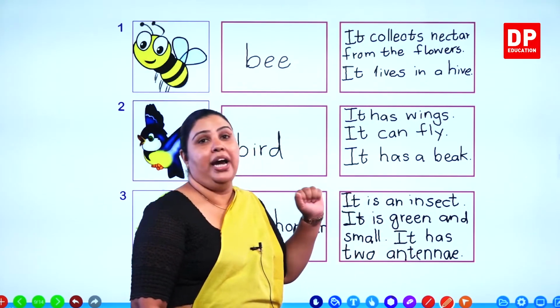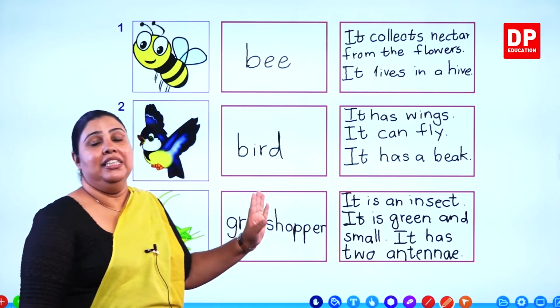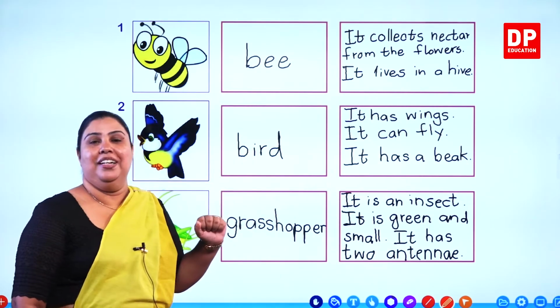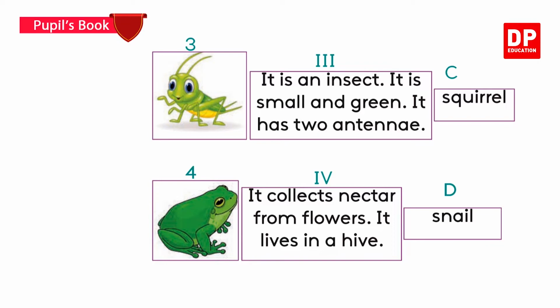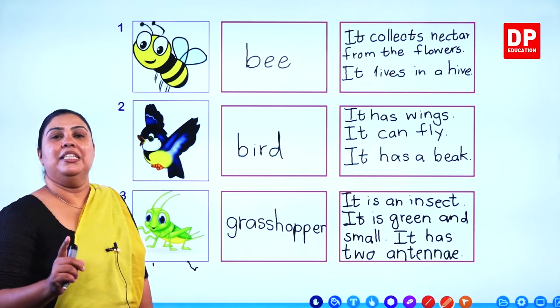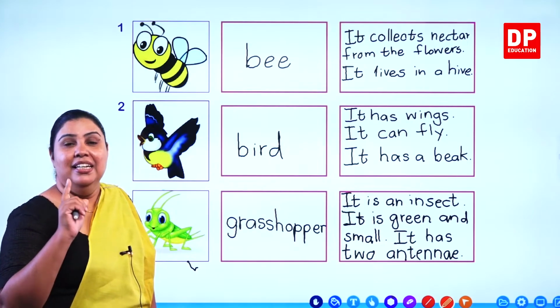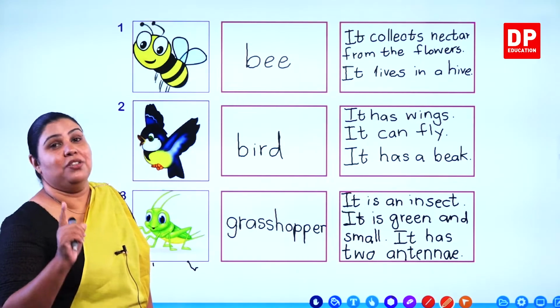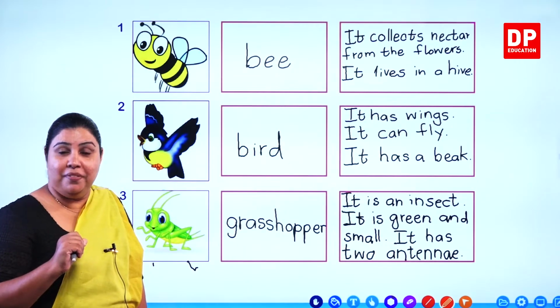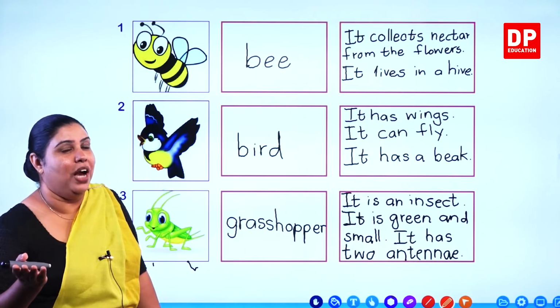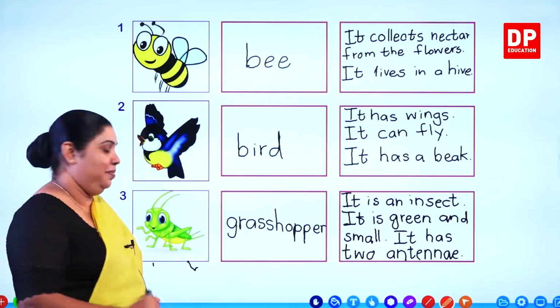So this is how you write the description of this little insect over here. So now let's move on to our next slide, and we will complete the other names and the descriptions of the other animals who come to our garden, right? So that is how we are going to learn who they are.